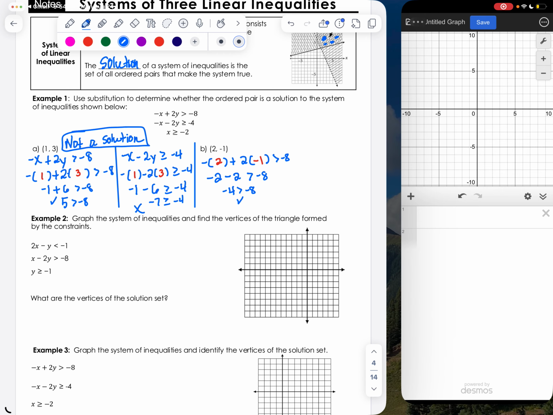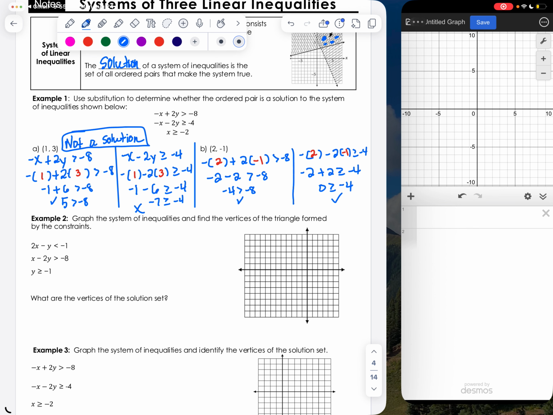That's true. All right, take your second inequality and replace the variables with parentheses and plug in our new ordered pair, which was 2, negative 1. So negative 2 plus 2 greater than or equal to negative 4. So 0 is greater than or equal to negative 4, and that is also true.